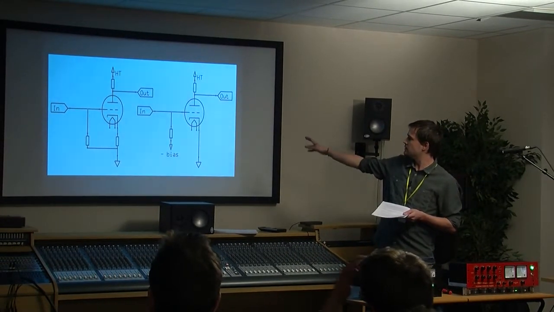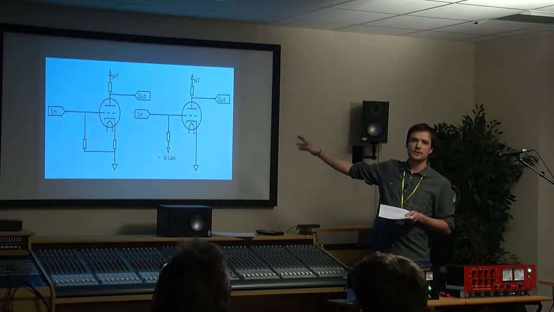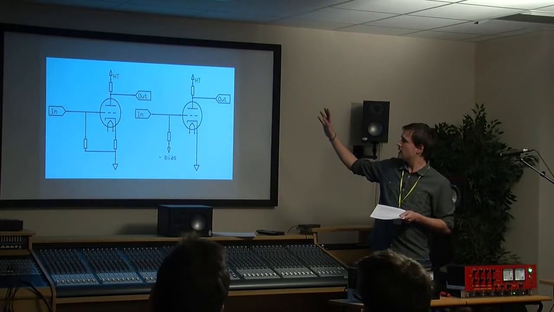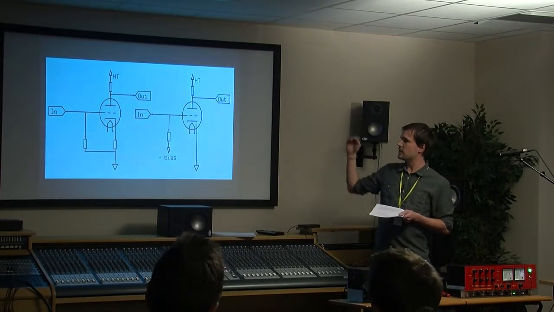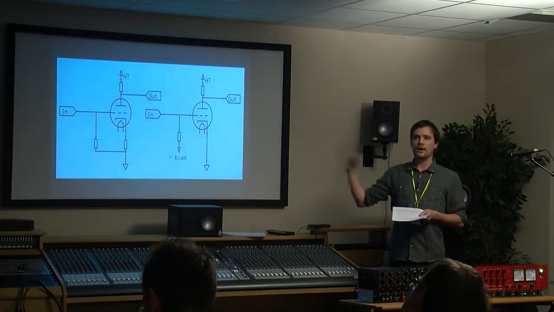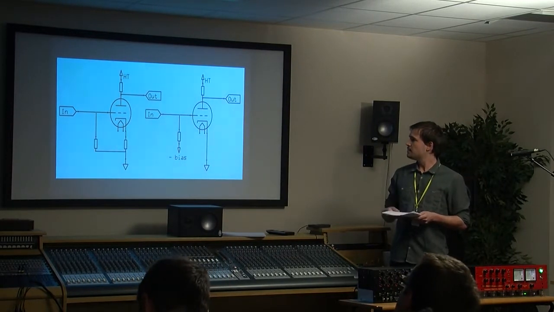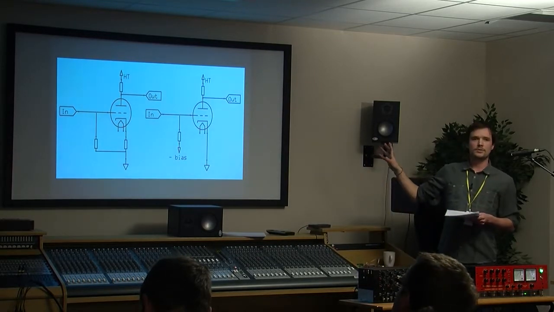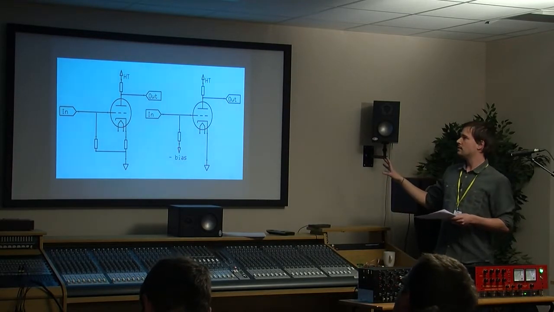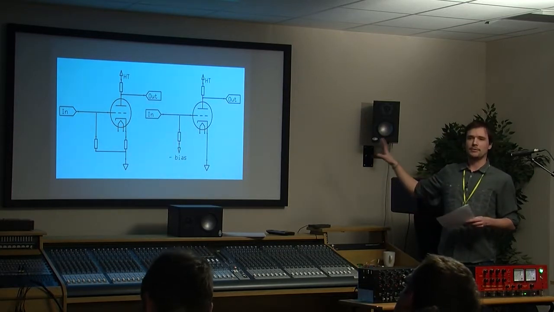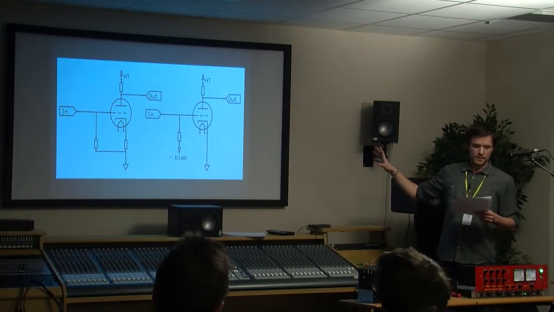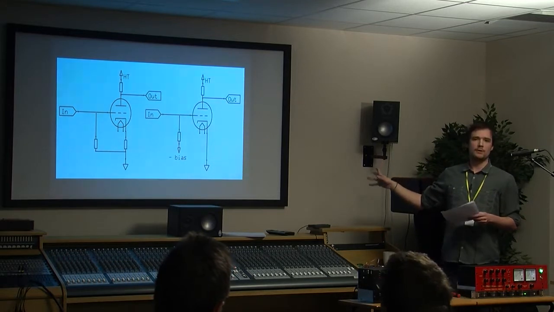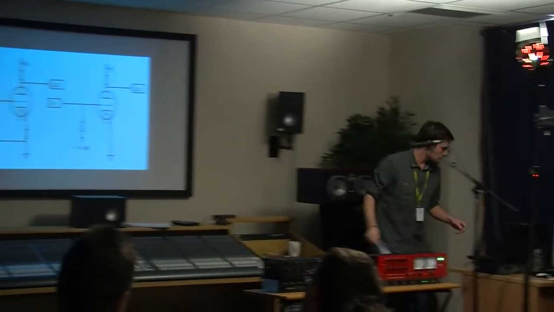On the right, we've applied a negative bias to the grid, and on the left, we have just biased the cathode higher than the grid. This is the basic building block for any circuit, and obviously there are much more complex elaborations on this, but we can use this to show how a valve amplifies.